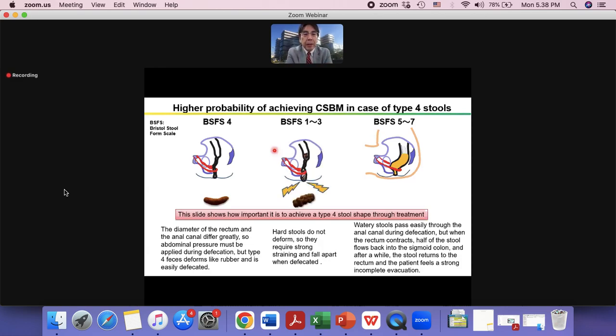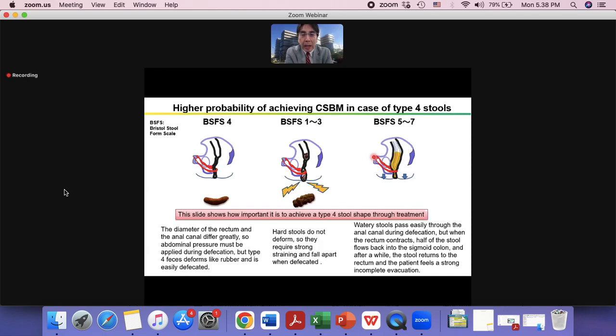We call it divided defecation. And in the right panel, if the formed stool becomes watery, the watery stool passes easily through the anal canal.